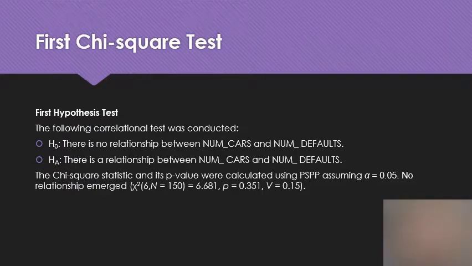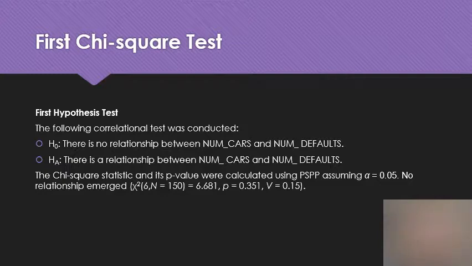The first chi-square test. The null hypothesis states there is no relationship between number of cars and number of defaults. Our alternate hypothesis is there is a relationship between number of cars and number of defaults.